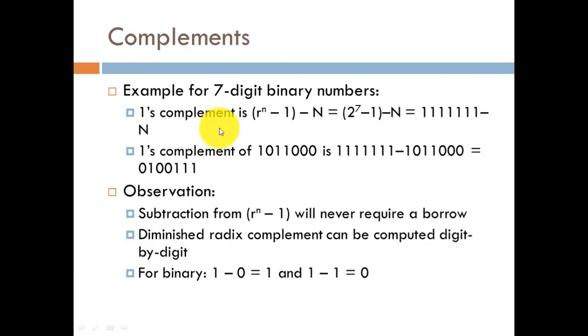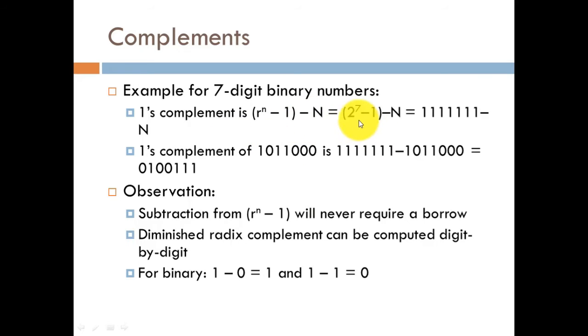The diminished radix complement of the binary number system is called the 1's complement, and definition-wise it remains the same: R to the power n minus 1 minus N. Here R represents the radix, small n represents the number of bits, and capital N represents the number for which we need to calculate the complement.